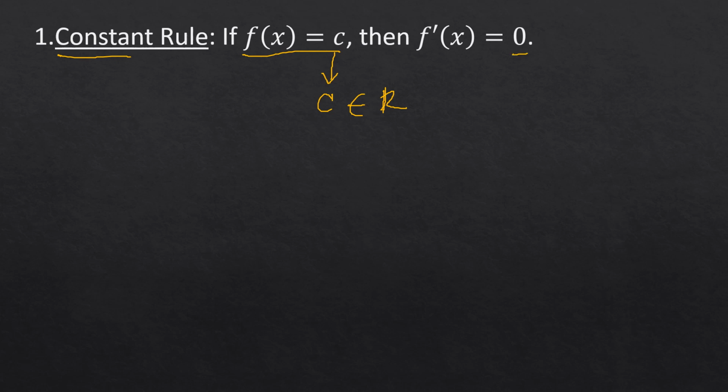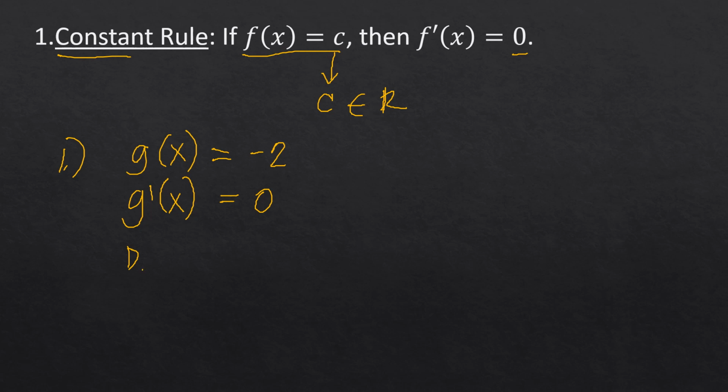So whenever you encounter a constant, let's say for example, there's a function g of x that is equal to -2, and then you are asked to get the derivative. So you have g prime of x is simply 0. Well, that is according to the rule, because -2 is constant. Another way of rewriting it is like what I've presented. You can have the derivative of -2 with respect to x.